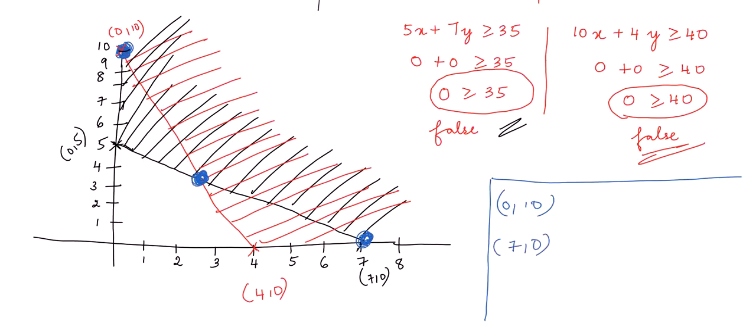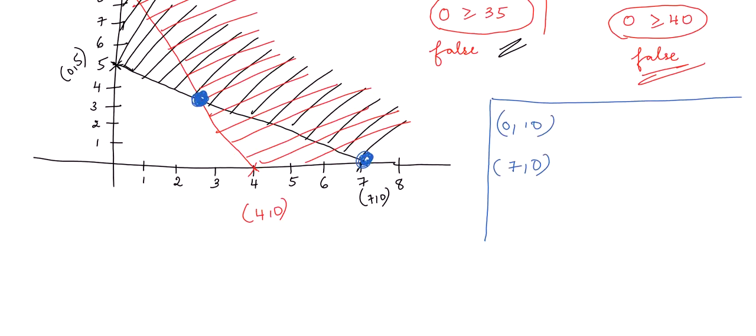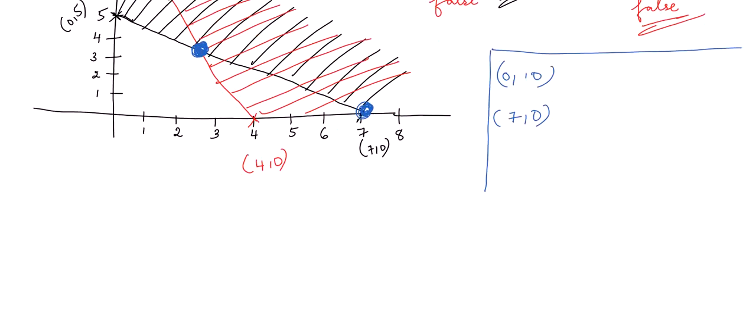How will you find out this point? It is using the simultaneous linear equations method. That is, this point you have got using the intersection of two equations. What are the two equations? One is 5x plus 7y equal to 35, and one more is 10x plus 4y equal to 40.